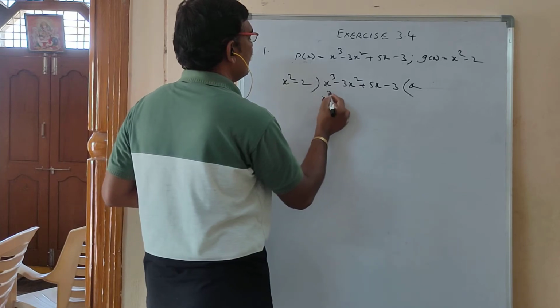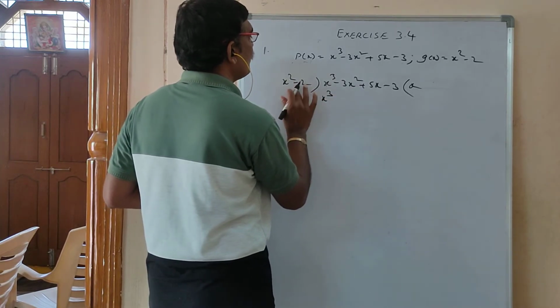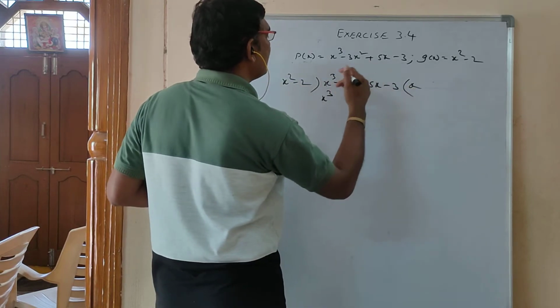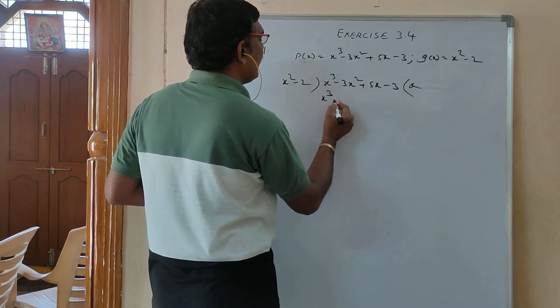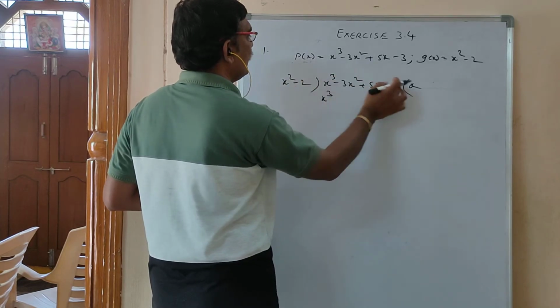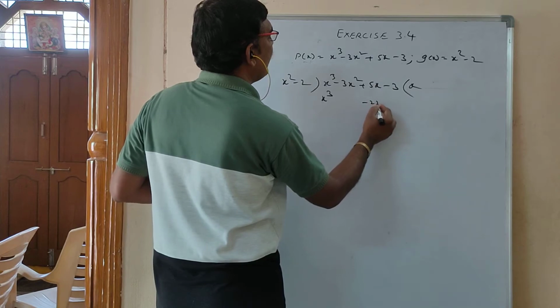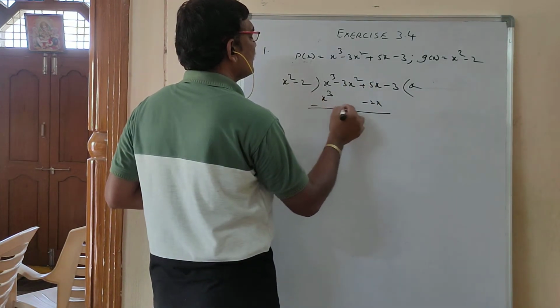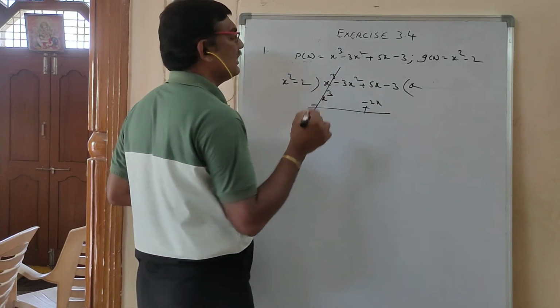So x cube. This minus 2 should be multiplied with x here. Minus 2 into x is how much? Minus 2x. So don't write minus 2x below x square. Minus 2 into x is minus 2x. So minus 2x you have to write below the x term only. These symbols will be changed and these two will be cancelled.